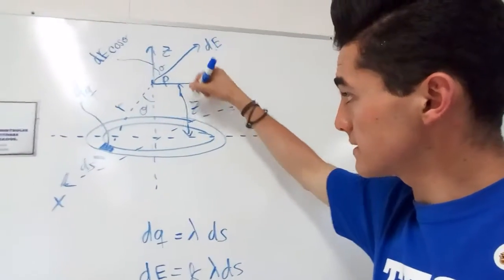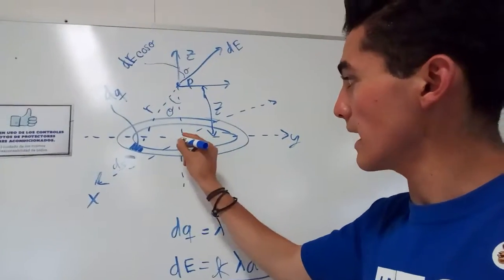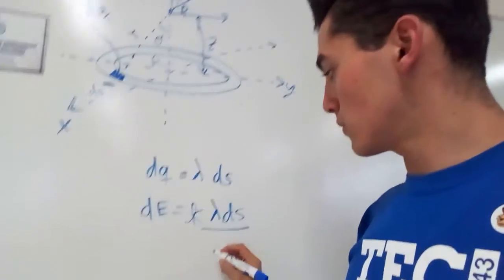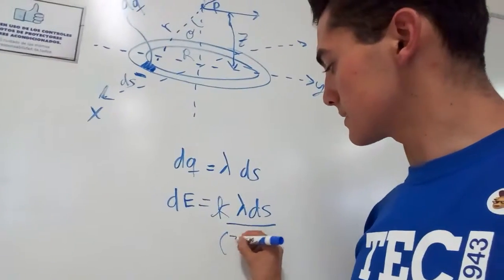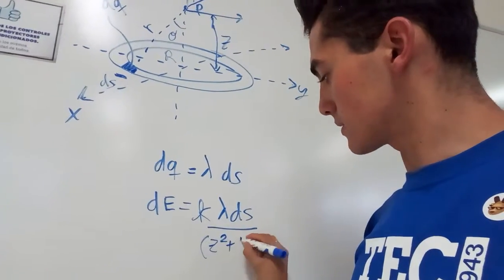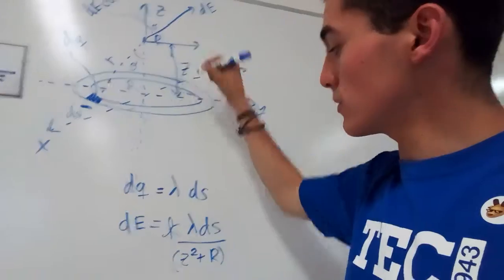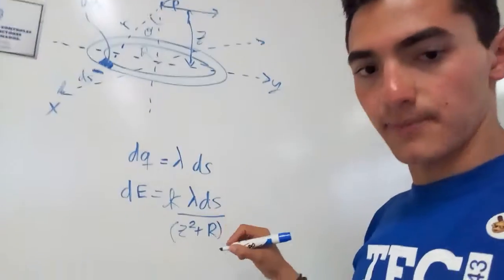So this part is z, and we will have a radius R. So here we will have z squared plus R squared, but as it is the square root squared, we cancel it.